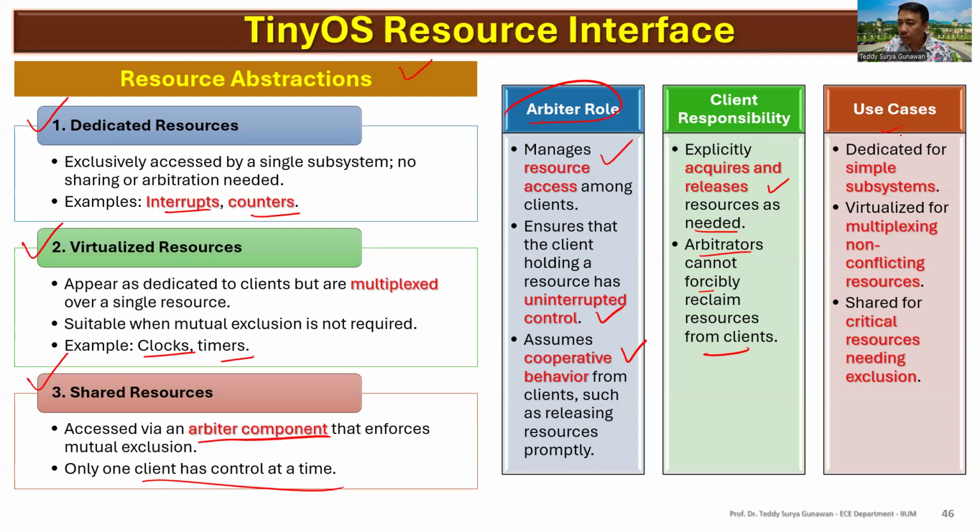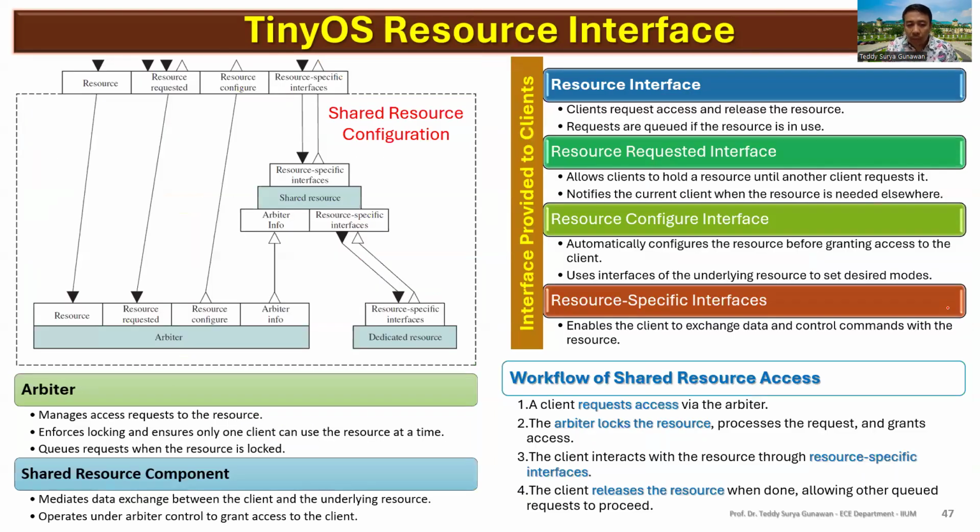Use cases, for example: dedicated for simple subsystems, virtualized for multiplexing non-conflicting resources, and shared for critical resources which need mutual exclusion. This is an example of a shared resource configuration. We have ResourceRequested, ResourceConfigure, and a resource-specific interface. This is built on TinyOS.